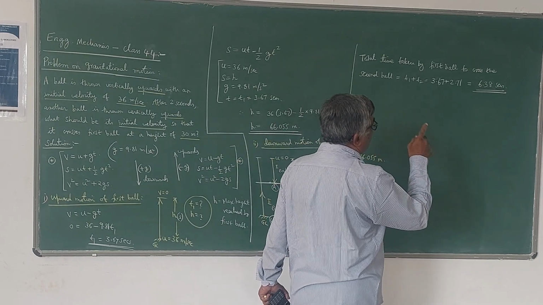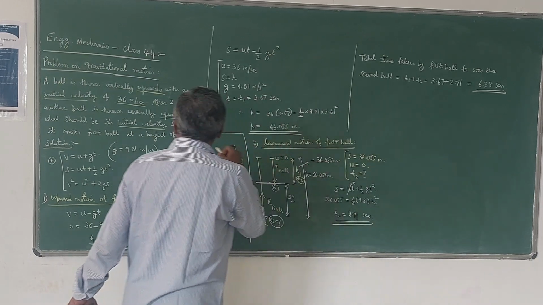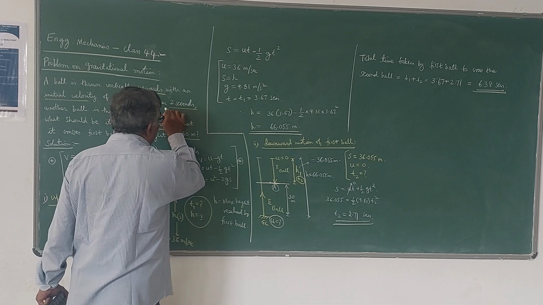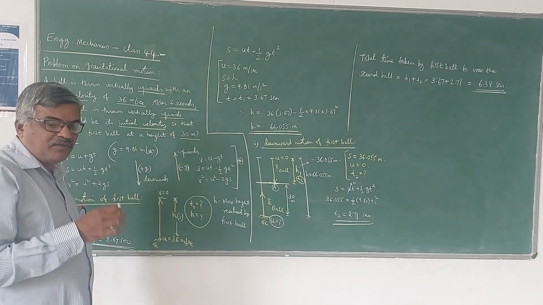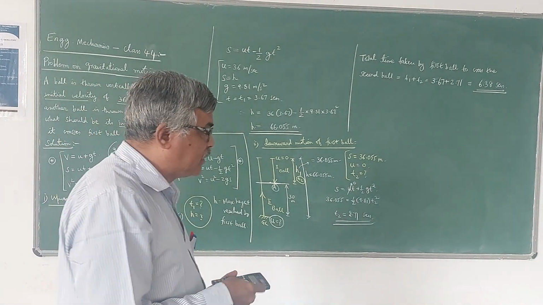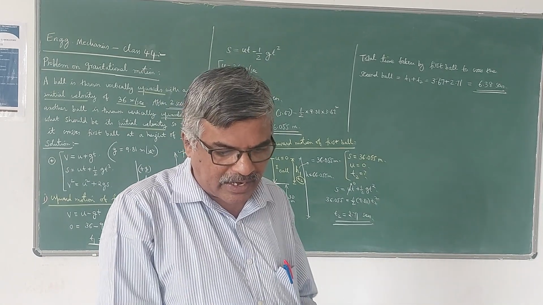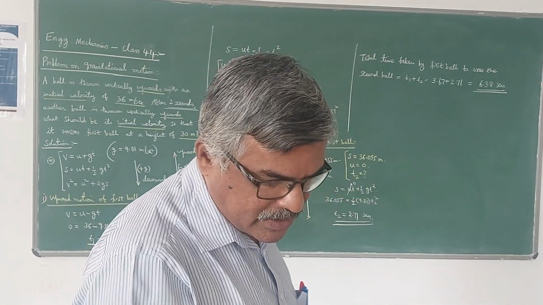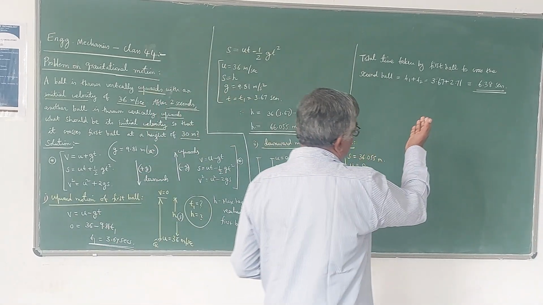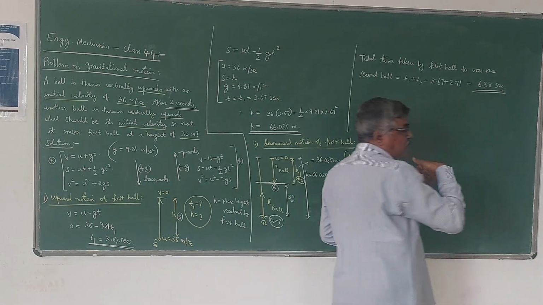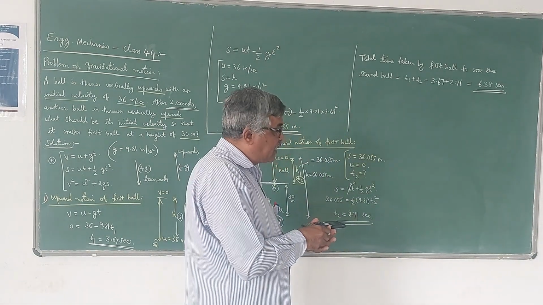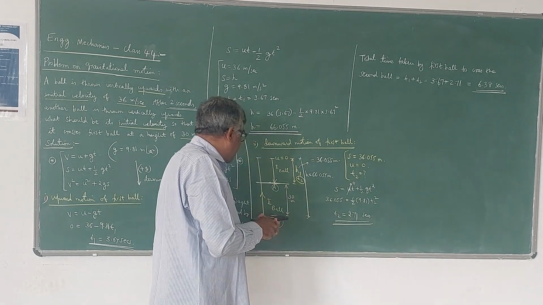Now what you have to do is, he has given that after 2 seconds the second ball is thrown. That means for the second ball, you can take whatever time taken by the first ball minus 2. So that is the time taken by the second ball.